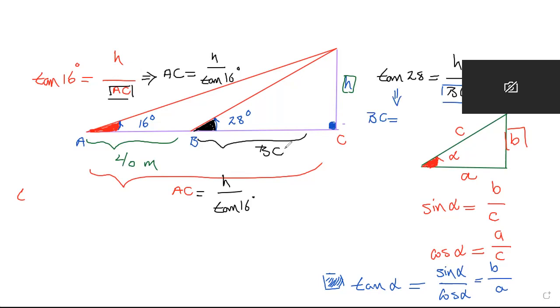Then as a result, BC becomes h over tangent of 28.